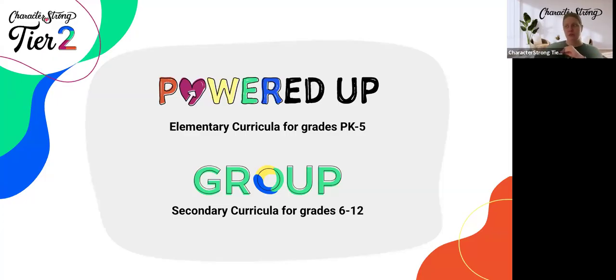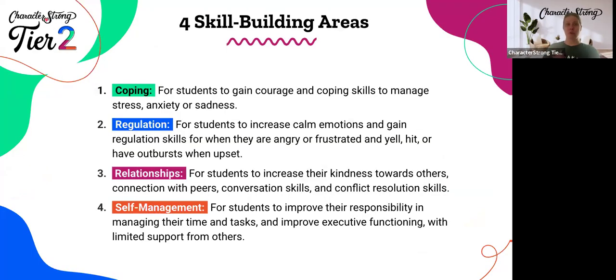Powered Up is the title of our elementary pre-K through 5 curricula, and Group is the title of our secondary curricula for grades 6 through 12. Within both Powered Up and Group are 4 skill building areas. We have 4 curricula available to meet different skill needs.